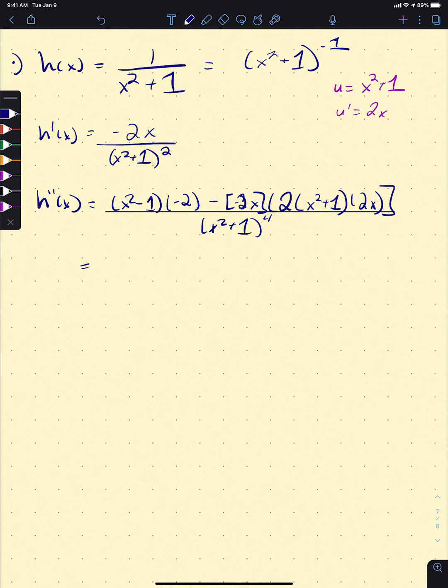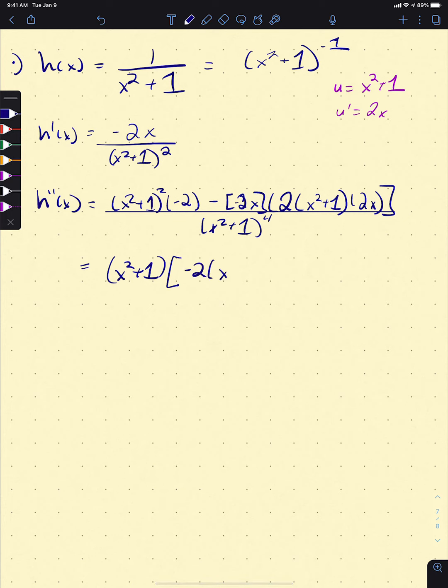And then if we simplify here, I see a factor of x squared plus 1. That should be a plus. I see a factor of x squared plus 1 in both of these, so I can factor that out. That should be squared. And then what are we left with?